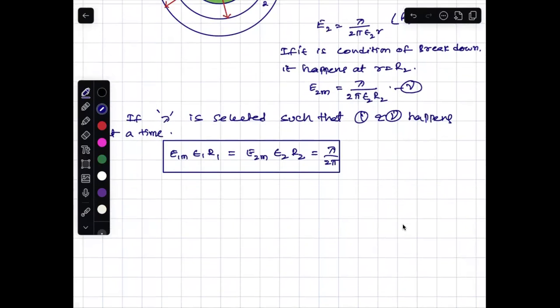Such a lambda you need to pick. If your lambda is equal to 2 pi E1m epsilon 1 R1 or E2m epsilon 2 R2, this is possible. You should pick such a one.